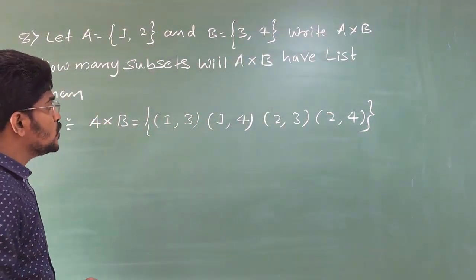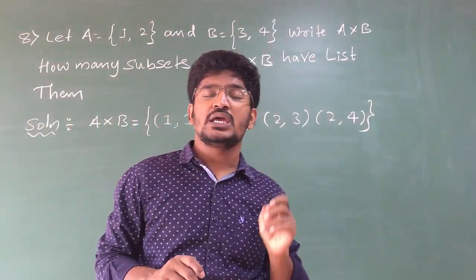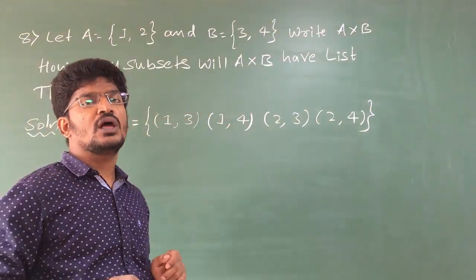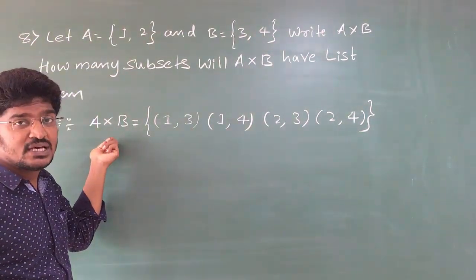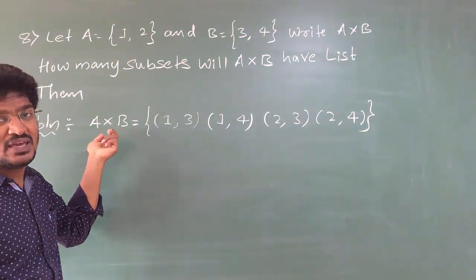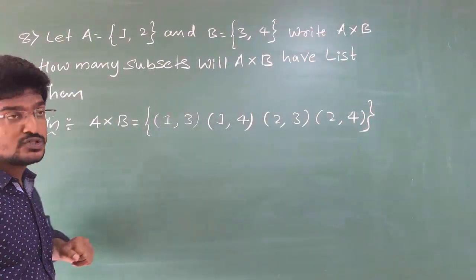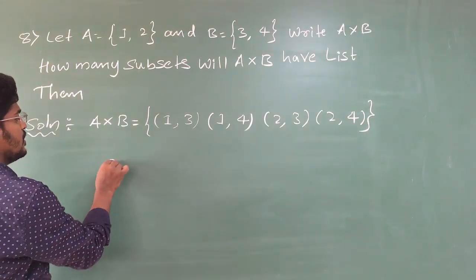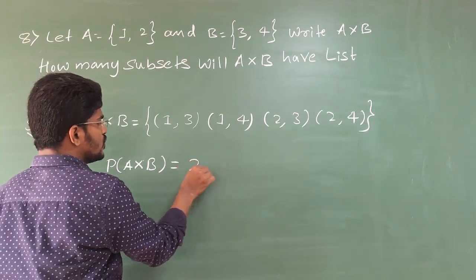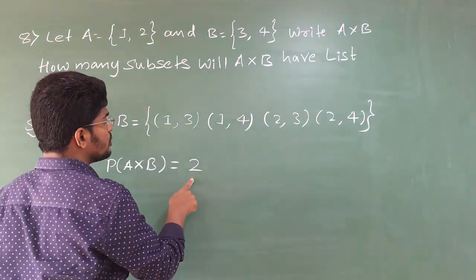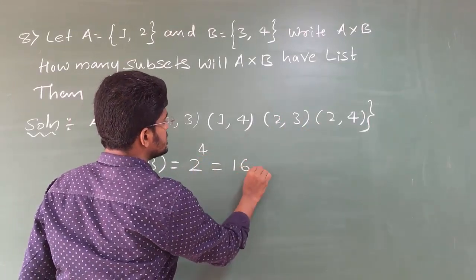Okay, so to calculate the subsets of A cross B, you have to use the formula of power set. Now this is your A cross B, a given set. Now you have to calculate the power set of A cross B. P of A cross B will be equal to 2 to the power of 4, that is 16.